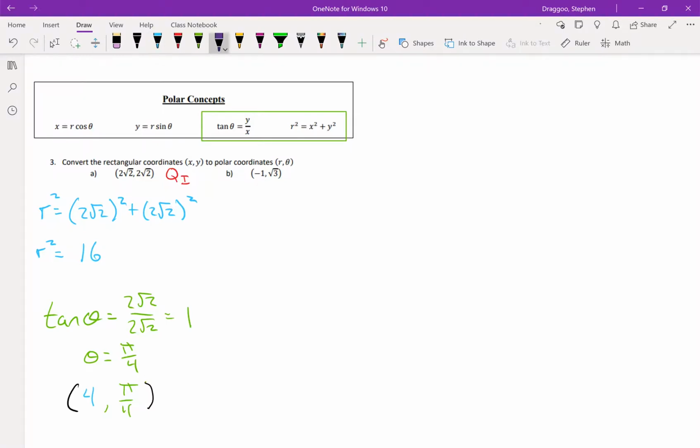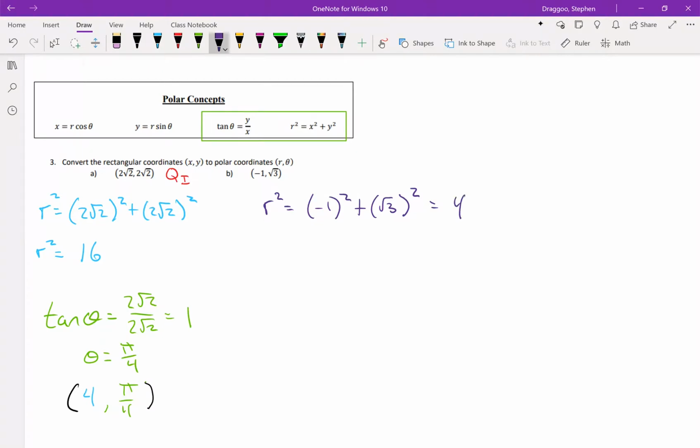And then looking at part B, we'll get that same setup going. r squared is equal to negative 1 squared plus root 3 squared, which means r squared is 1 plus 3, which is 4.